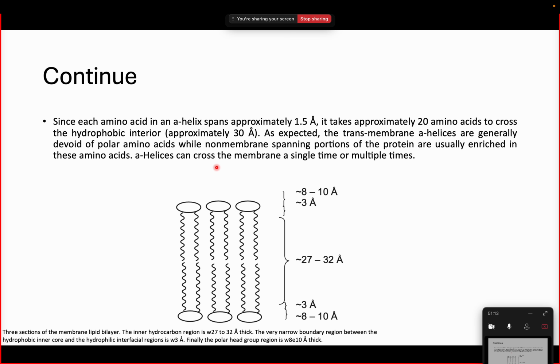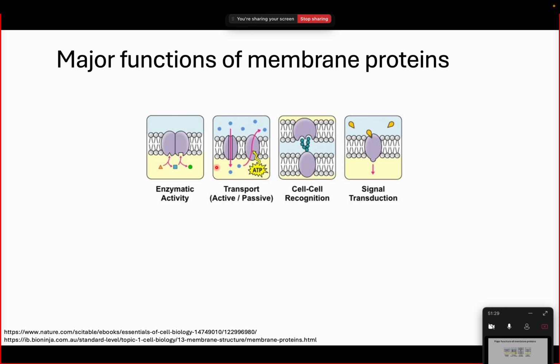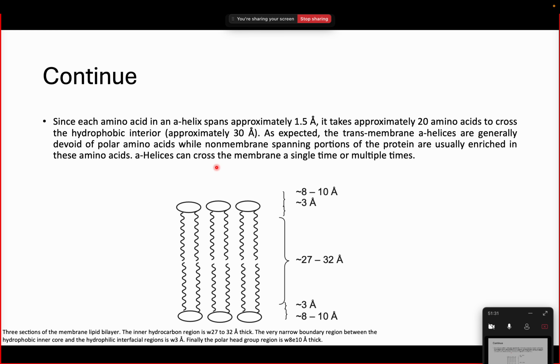So there will be a stretch of hydrophobic residues in the sequence itself, through which we can get an idea that this protein might be a membrane protein or a transmembrane protein, if the stretch is like 20 to 24 amino acids long, depending upon the type of cell and the thickness of the membrane.